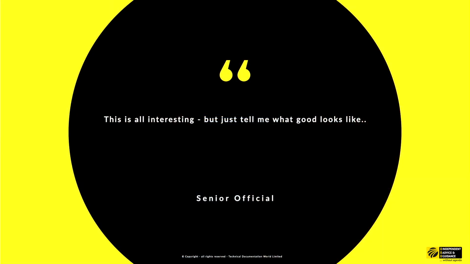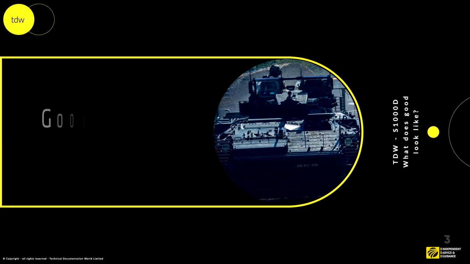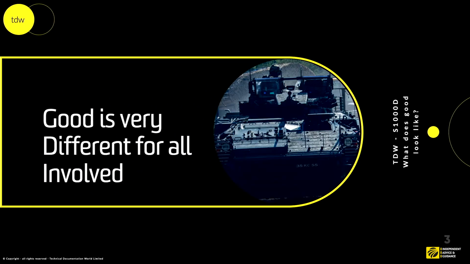So I'm going to give you 2 examples today because it's a YouTube teaser, not necessarily a full-on tutorial. Depending on where you sit in the S1000D project or the information supply chain, which I'll talk about shortly, depends on what good actually looks like. So good is very different depending on where you sit.